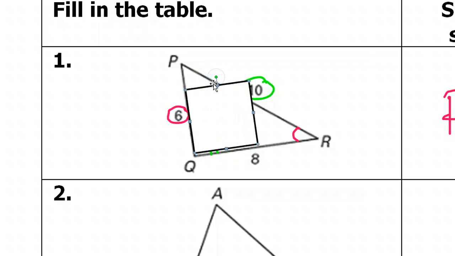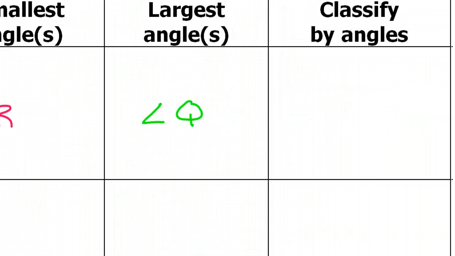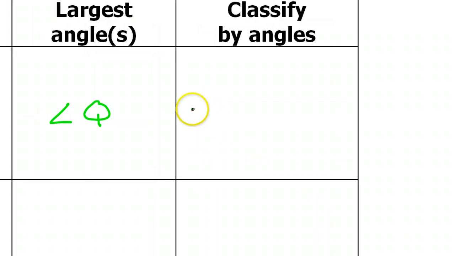Yep, my square fits perfectly in there. I encourage you to do the same thing when you're checking, but you could use the corner of a paper to test. So this is a 90-degree angle, which makes this a right triangle. In fact, I think I'll put the little box here. So classify by angles: right triangle.